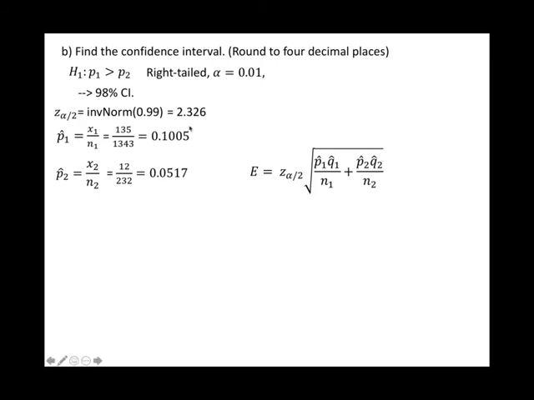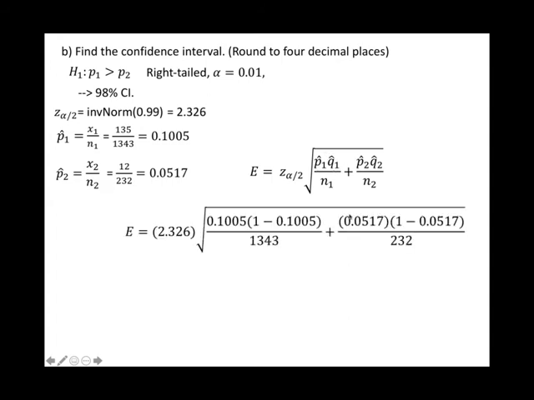So we have the critical value, we have sample proportion 1, sample proportion 2, and we have the sample sizes. And the q1 here is going to be the complement of p hat 1. So here I'm going to put 1 minus p hat 1. Same idea for this one, 1 minus p hat 2.